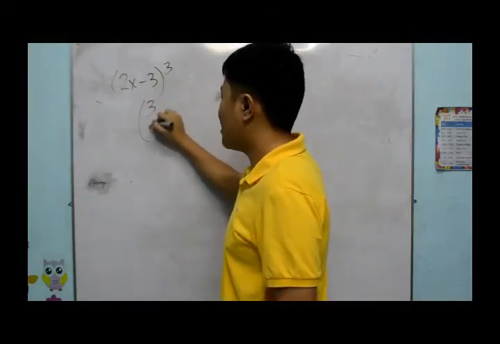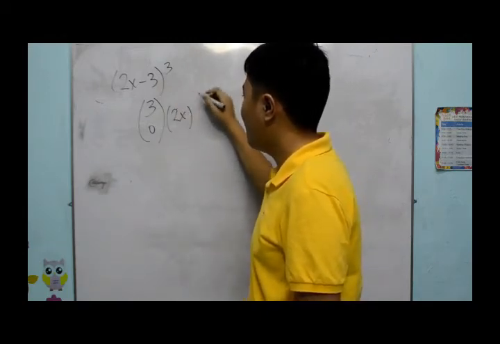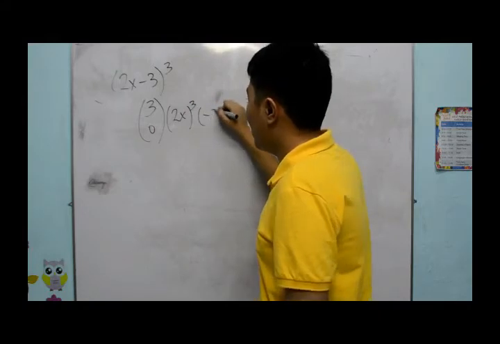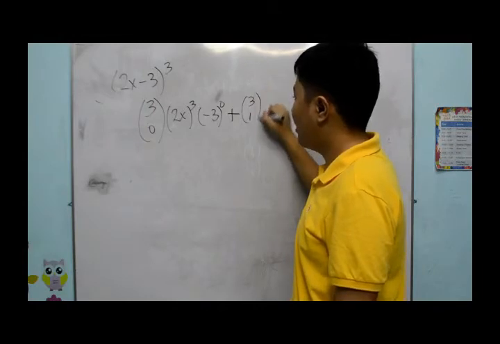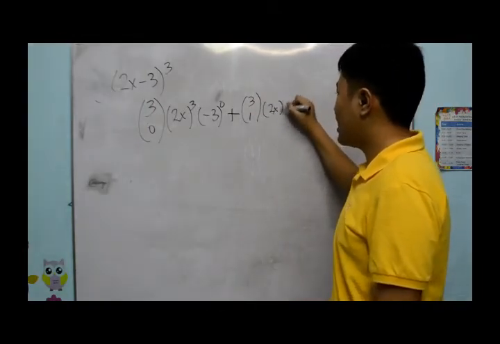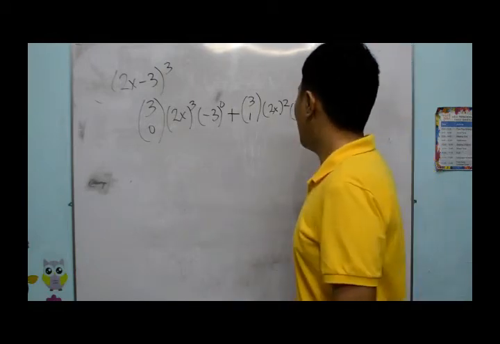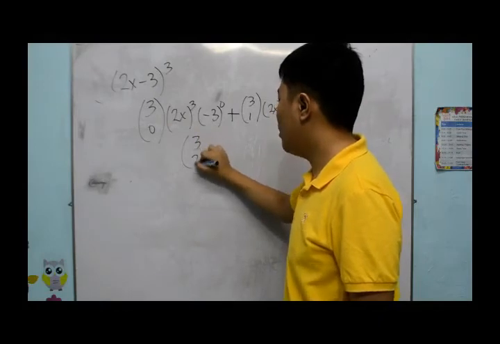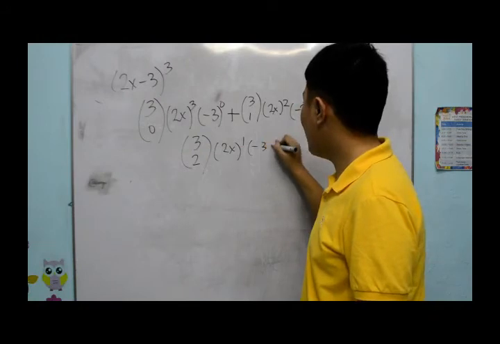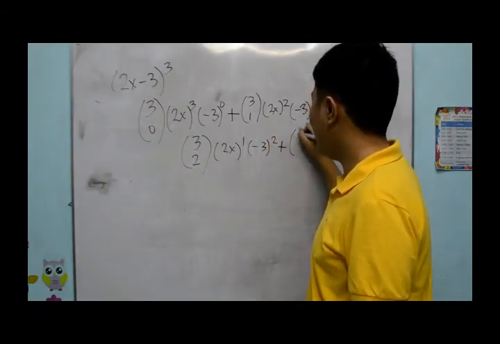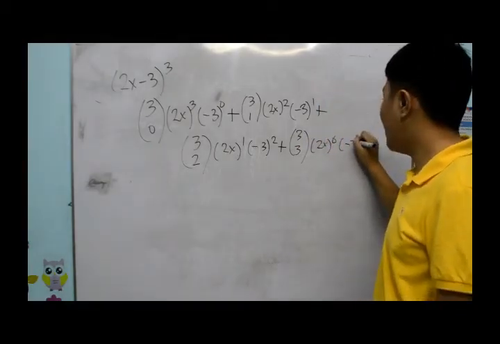Let's first do this. 3 choose 0 multiplied by (2x) cubed times (negative 3) to the 0, plus 3 choose 1 times (2x) squared times (negative 3) to the first power, plus 3 choose 2 times 2x to the first power times (negative 3) squared, plus 3 choose 3 times (2x) to the 0 times (negative 3) cubed.